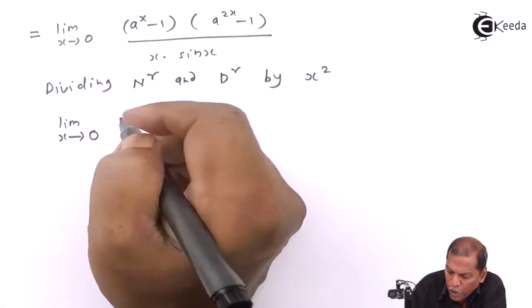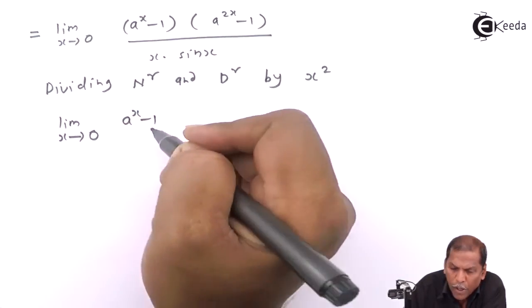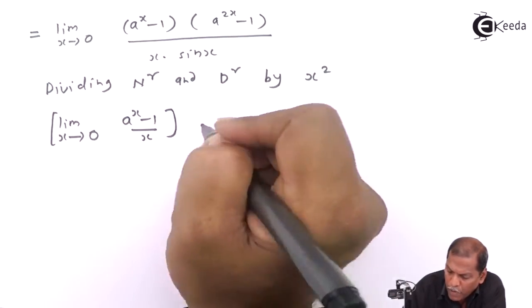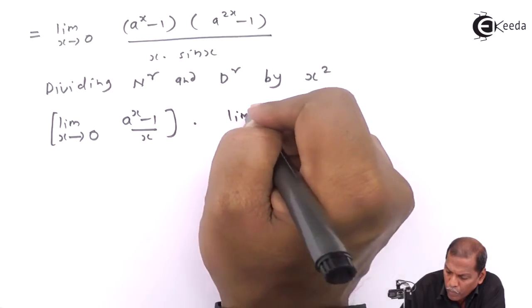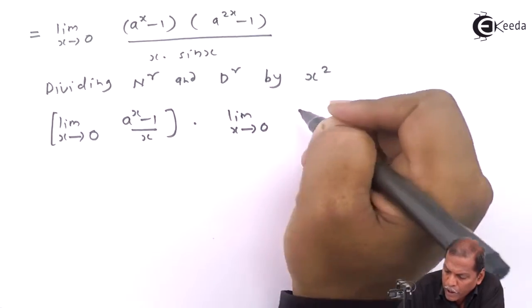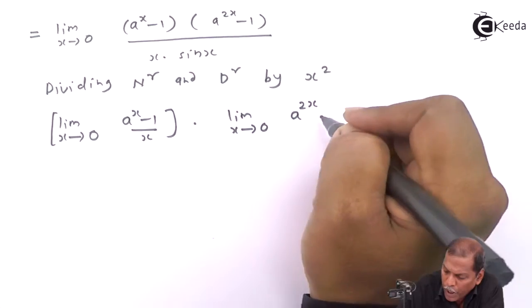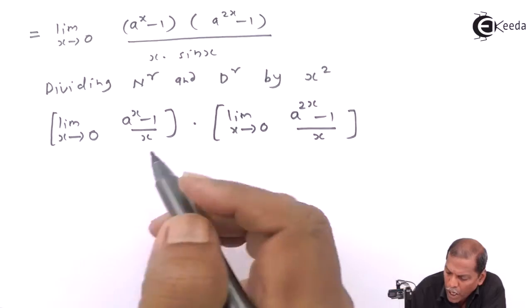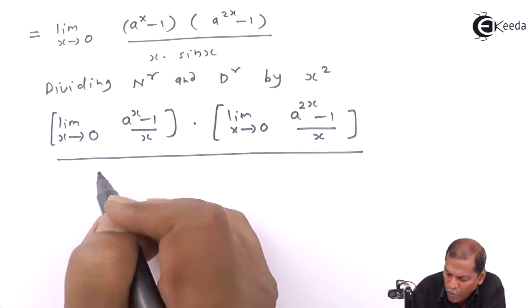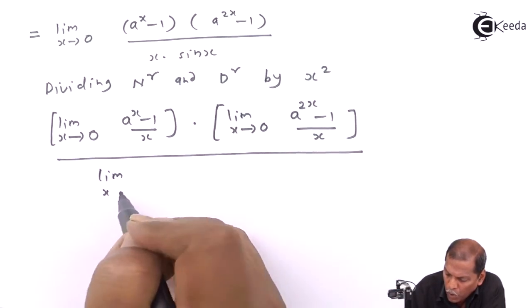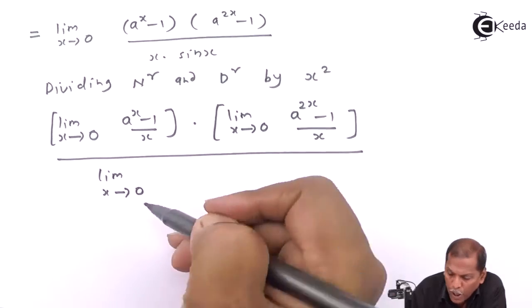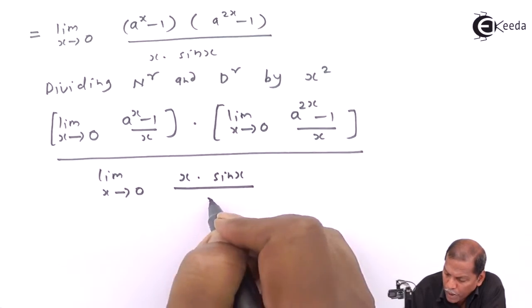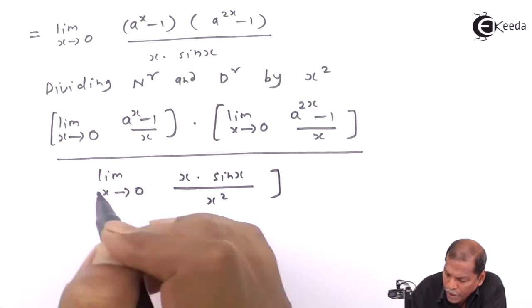limit x tends to 0, (a^x minus 1) divided by x as one limit, into limit x tends to 0, (a^2x minus 1) upon x as a second limit, upon limit x tends to 0, x sin x upon x square.